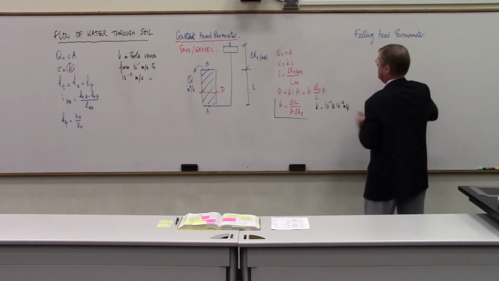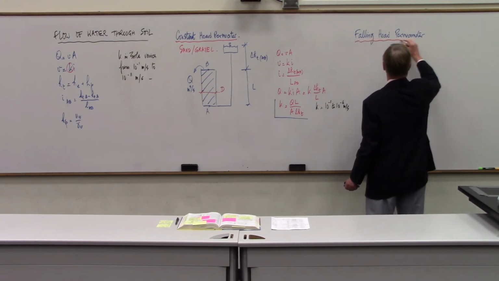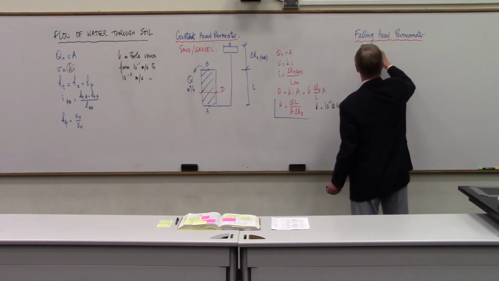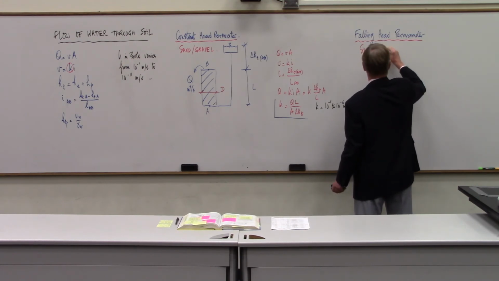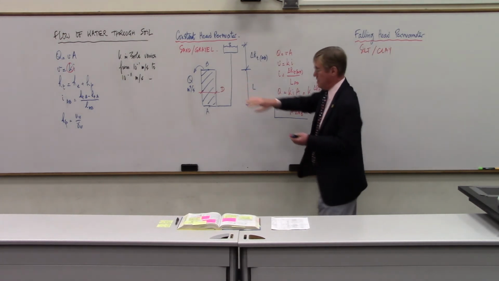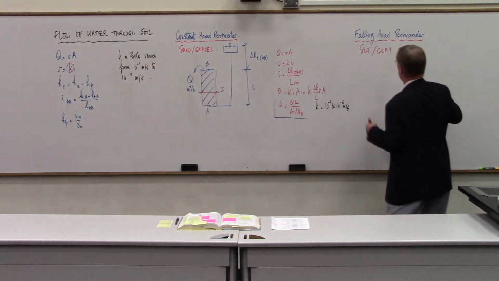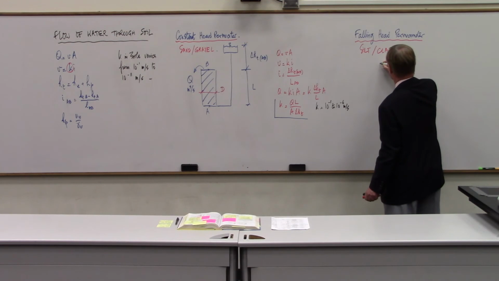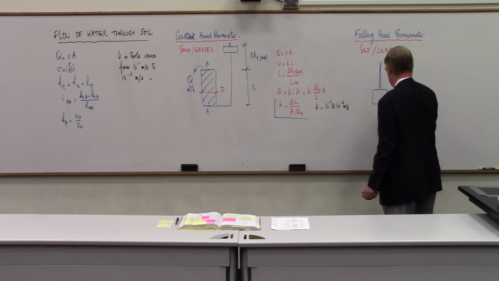So this device is used for silts and clays. How does it work? The setup is different. The setup is like this. You have a tiny tube, and then you have the soil sample, the same tiny tube, and you get in here in a bucket of water.